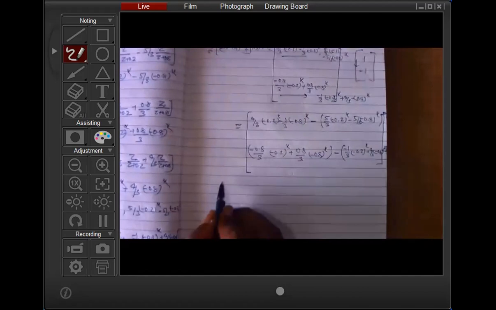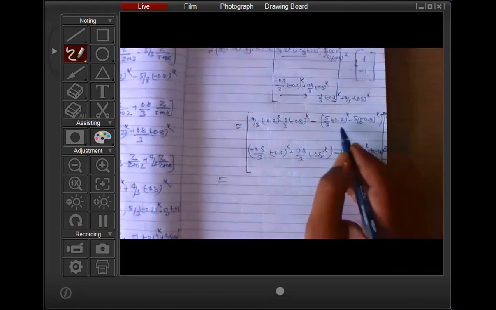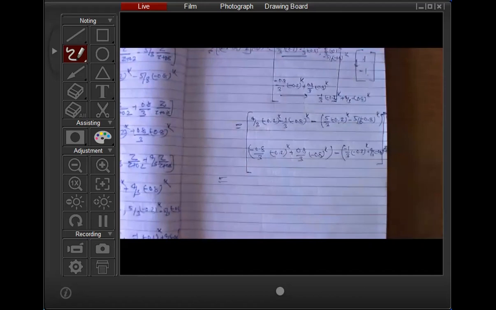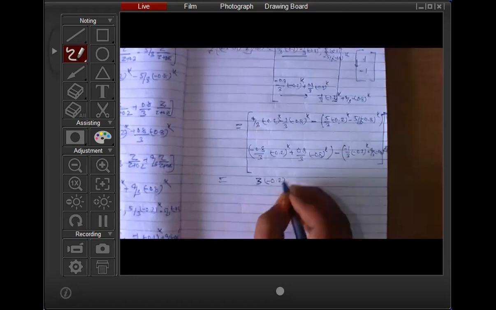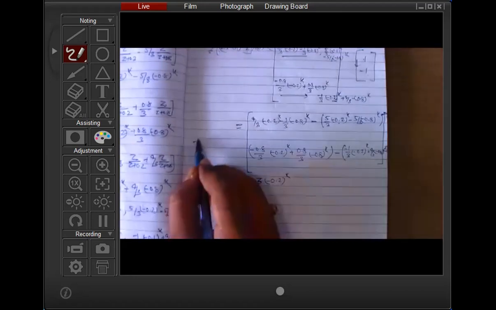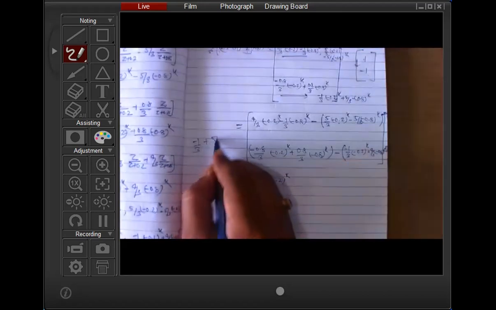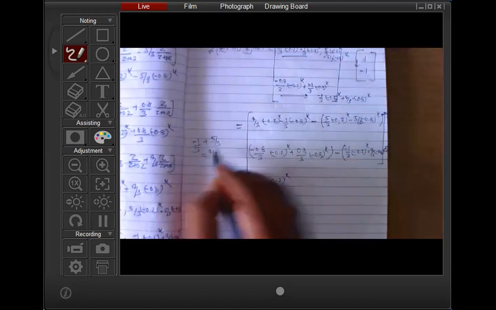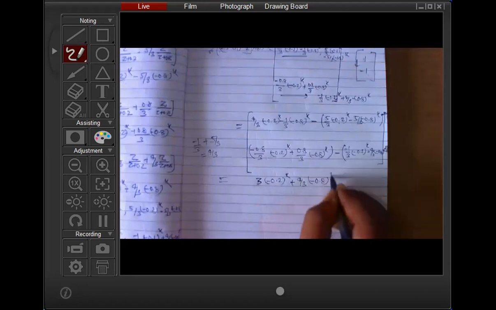No, sir. So we have a common factor of minus 0.2 to the power k. 4 by 3 plus 5 by 3 is equal to 9 by 3, which means 3. So that is 3 times minus 0.2 to the power k. And minus 1 by 3 plus 5 by 3 is equal to 4 by 3, so plus 4 by 3 minus 0.8 to the power k.